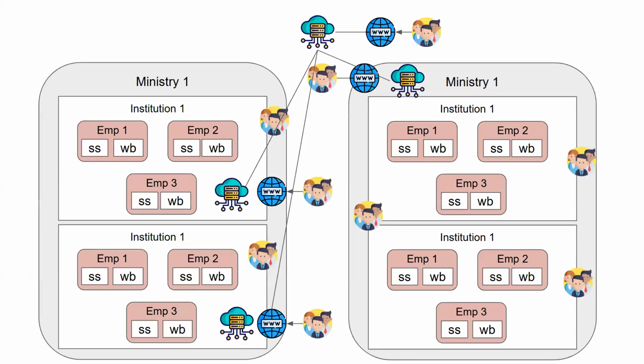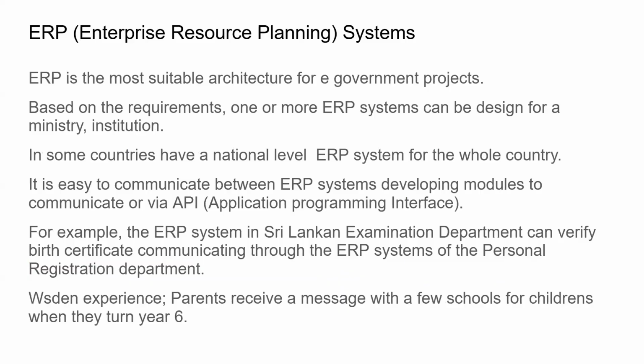Right, now here is a diagram I try to use to help students illustrate the situation. It is not a very complex diagram, right? When we consider a government project, ERP is the most suitable architecture or software system, but based on the requirement, even a web-based application can be used in some government institutions.